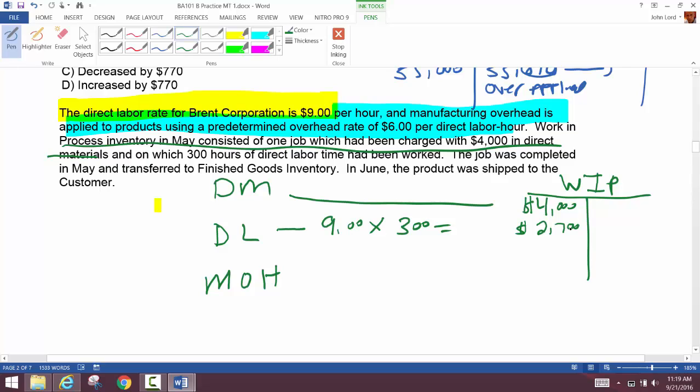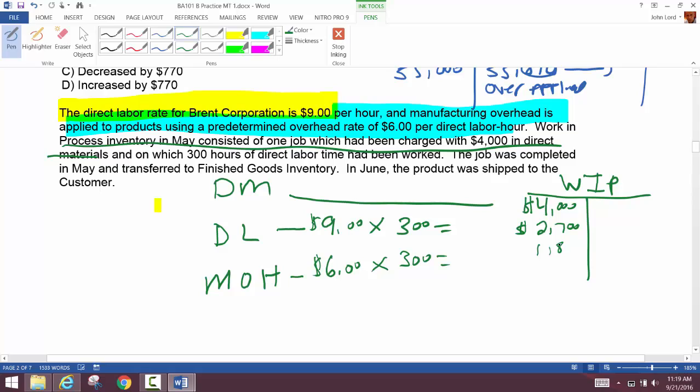Anything else? Manufacturing overhead, which we said the predetermined manufacturing overhead rate that was given to me in this problem, I didn't have to use the high-low method to calculate it, is $6 per hour times what? Since they told me I used direct labor hours for applying the overhead, what's that, 1,800?